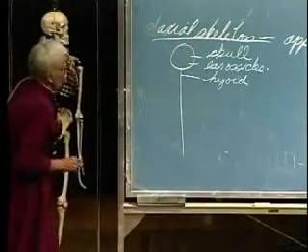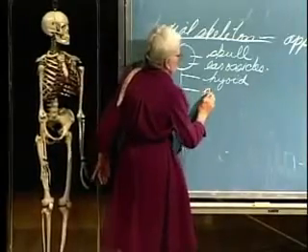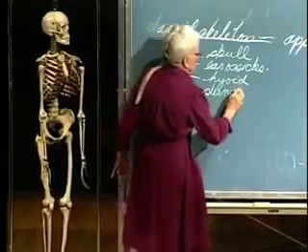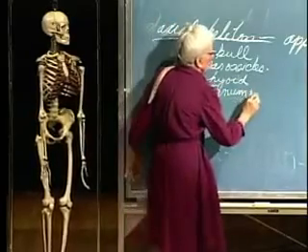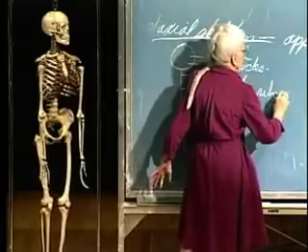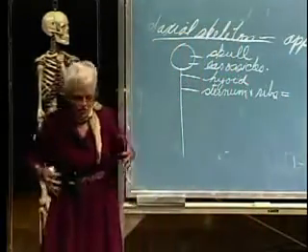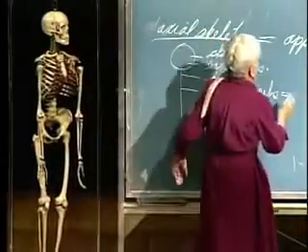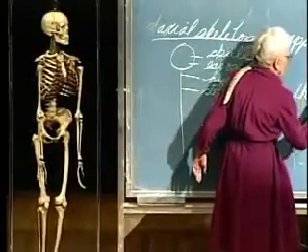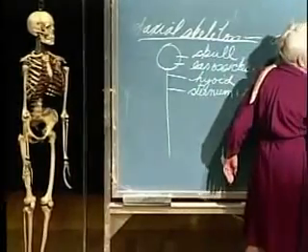As we go down, we'll have the sternum and the ribs, because they're attached, and the sternum and the ribs constitute what's called the thorax, or a thoracic cavity.